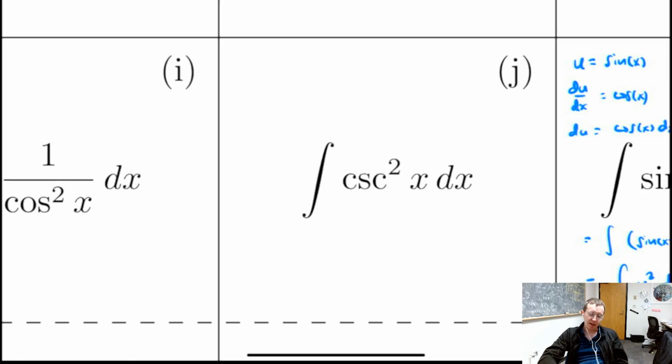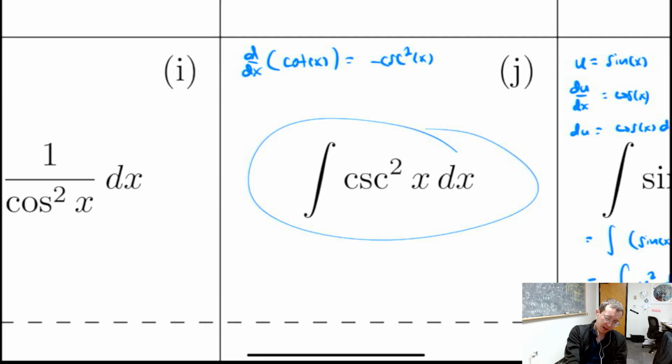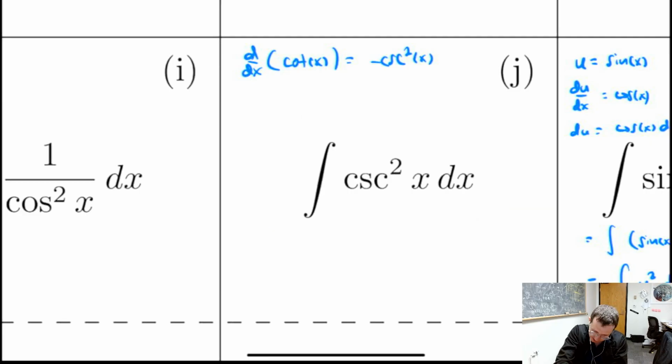Because somewhere in the list of your derivatives of the 6 trig functions, you'll see that the derivative of cotangent x is minus cosecant squared of x. And then when you try to integrate the cosecant squared of x, you'll recognize that's the derivative of cotangent of x if I only had a minus sign.